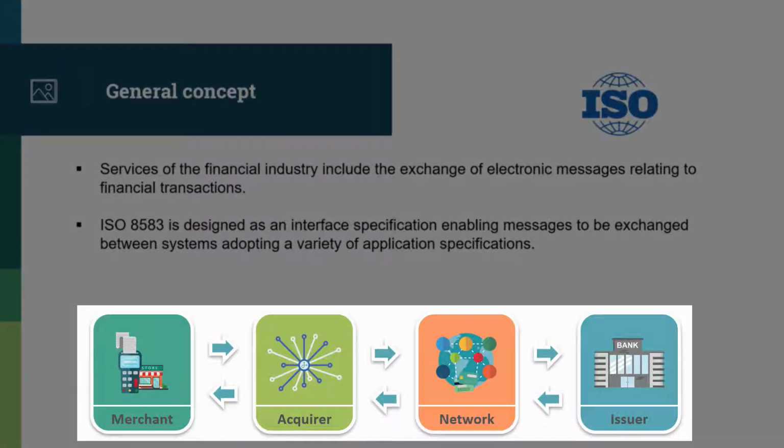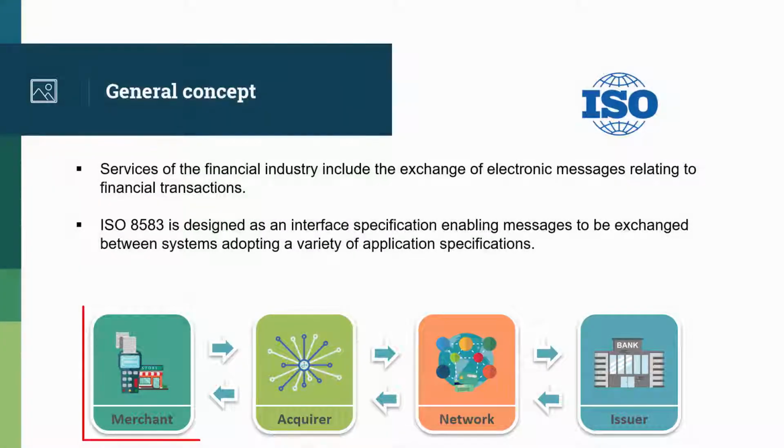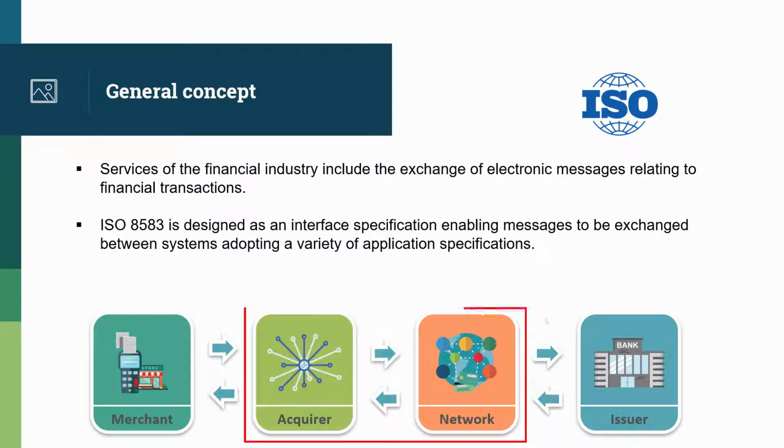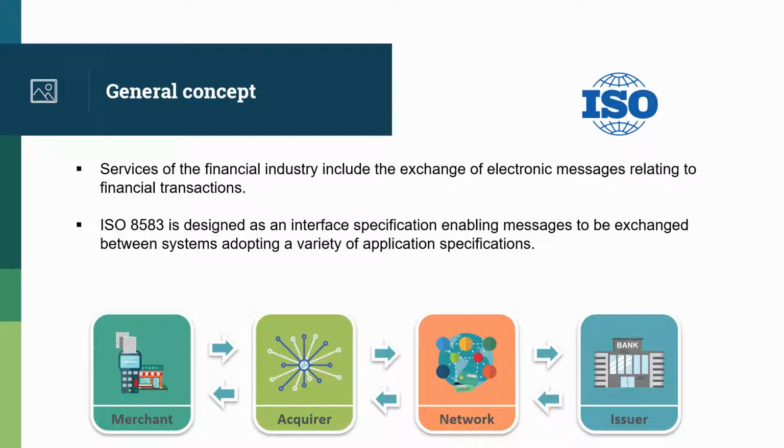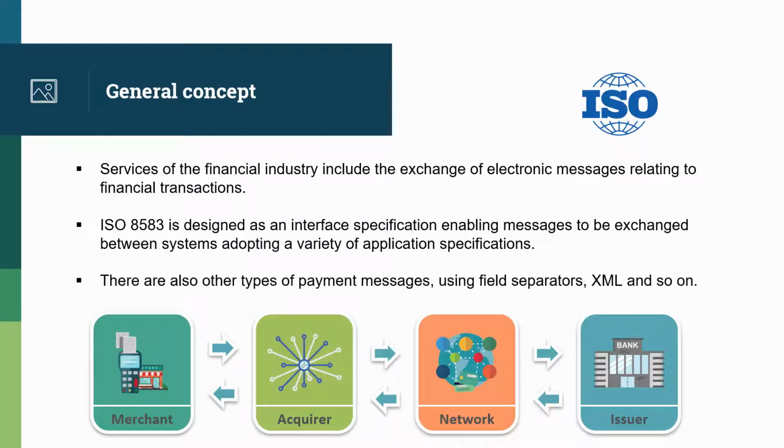This is what you can see on the bottom diagram. The merchant terminal communicating with the acquirer host, the acquirer communicating with the payment network, and the payment network communicating with the issuer. And those are just a few examples. There are also other types of payment messages using field separators, XML, and so on.